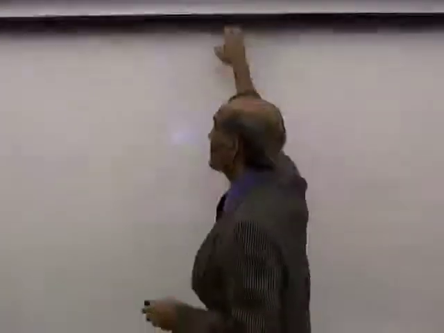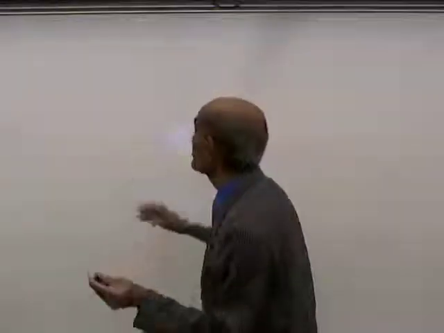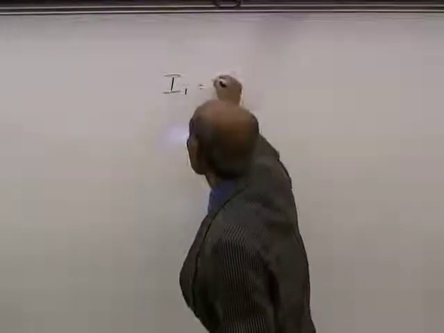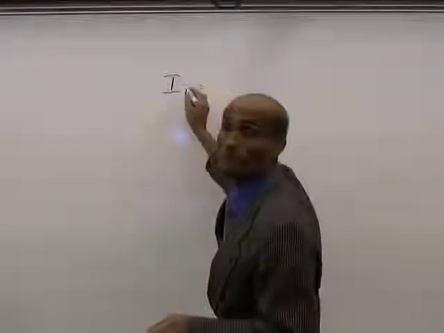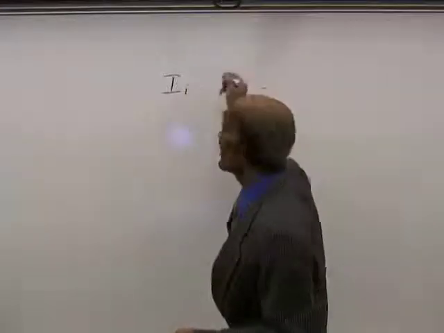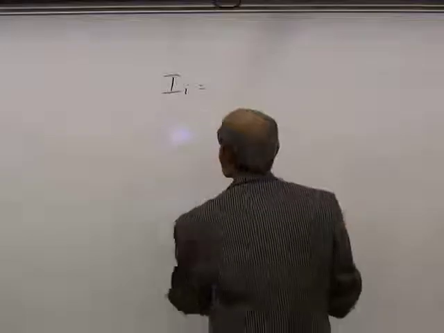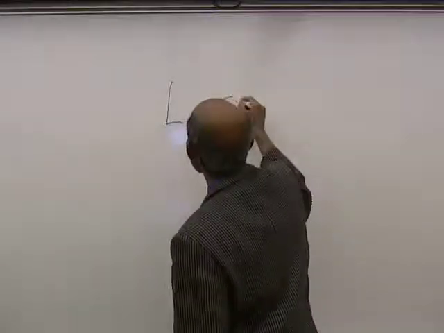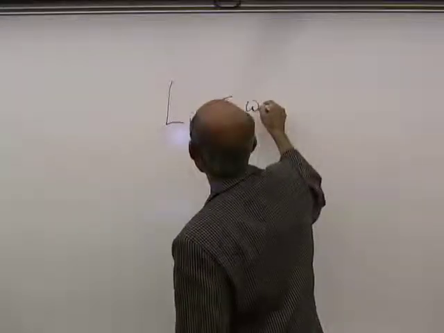So if I start spinning with my arms like this, I have an angular momentum. What will be my angular momentum? I'm going to call it L initial, equal to I1 omega 1.